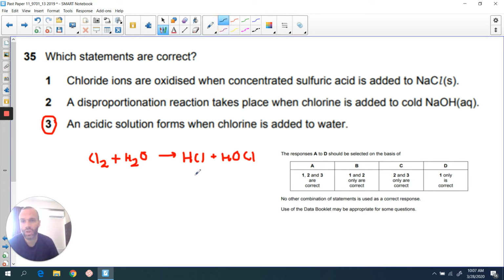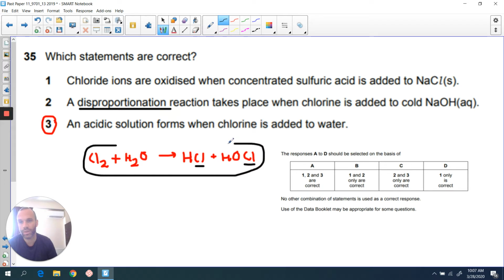I will just mention a couple of things here. If we look at the two chlorines here, and you work out the oxidation numbers, you're going to find that they have two different oxidation numbers. So I'll let you do that. But this is actually an example of a disproportionation reaction. The question doesn't ask you to know that, but I think that's good to know, because it tells us what a disproportionation reaction is.